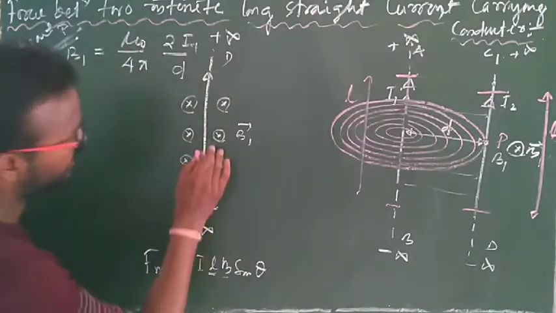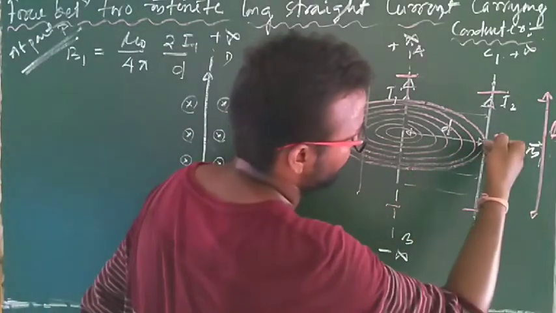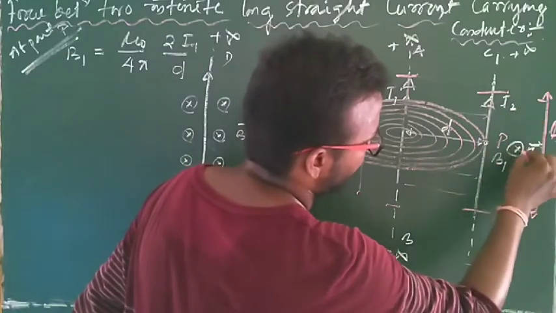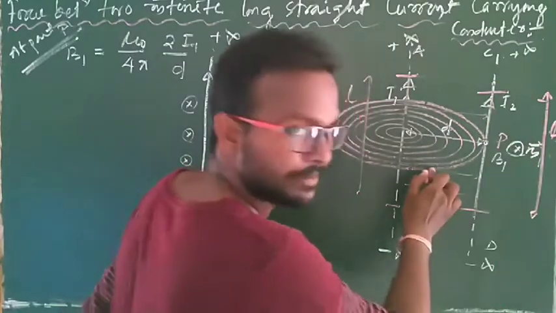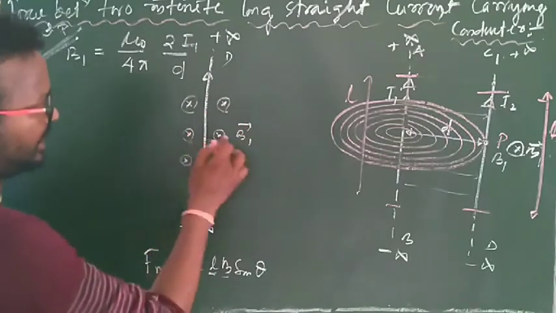This magnetic field is inward, and at each and every point the magnetic field is constant at a distance d. So this is the direction, in another diagram.